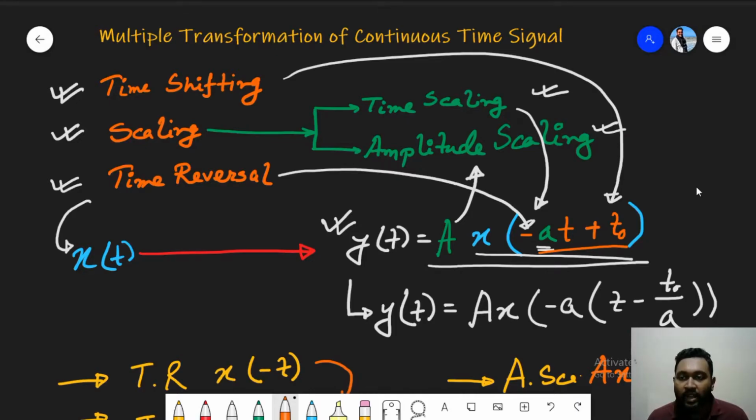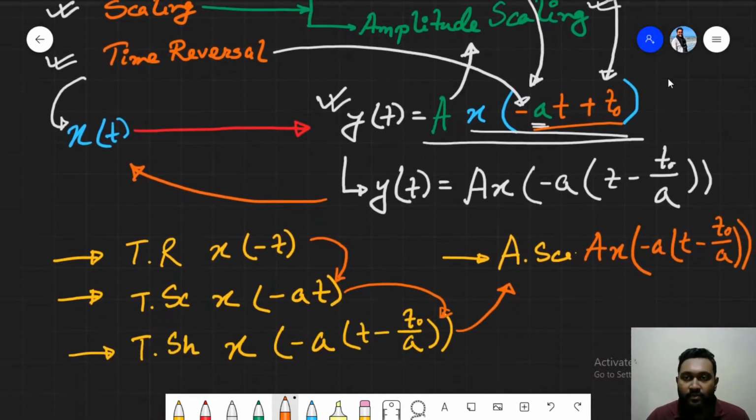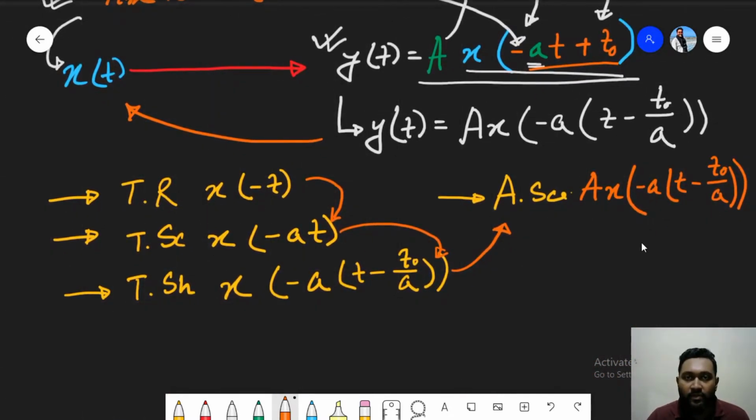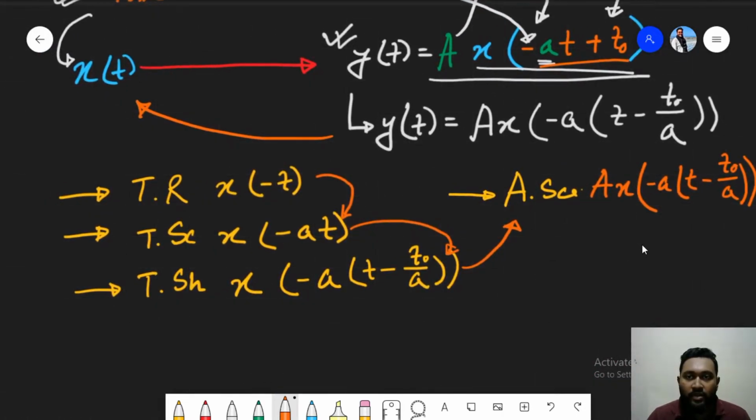Now we're going to see how we can get y of t from x of t. So basically here, as you can see, I have written a process for how we can get y of t or modify our x of t.